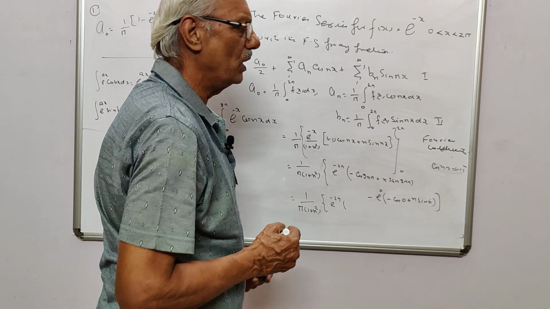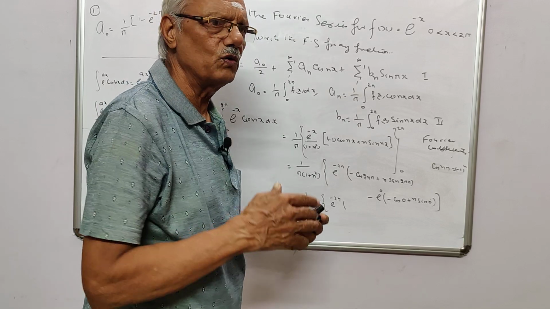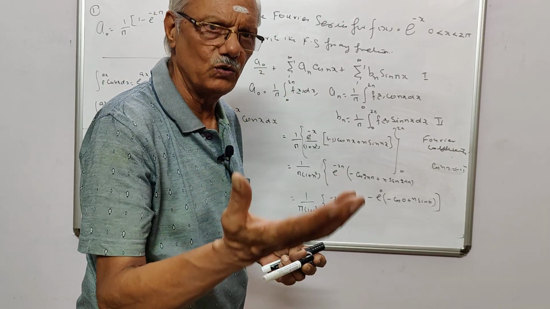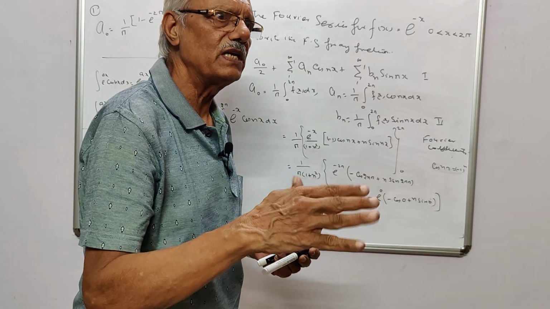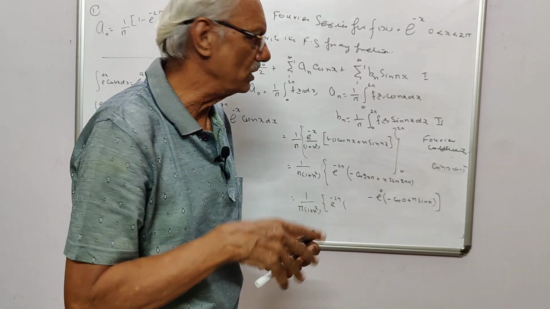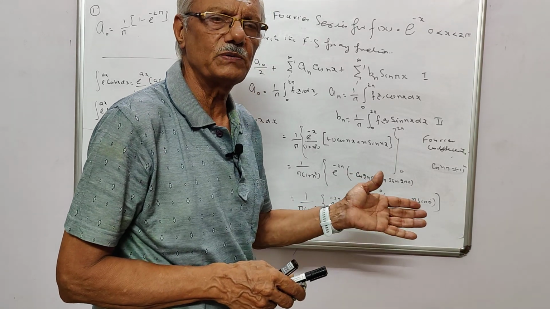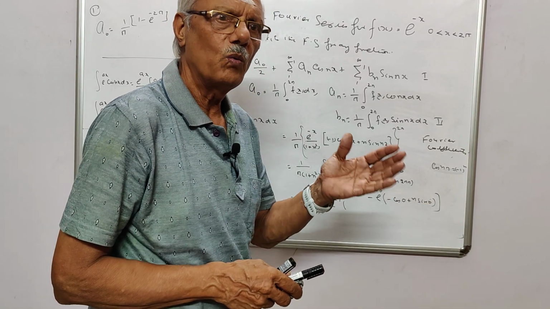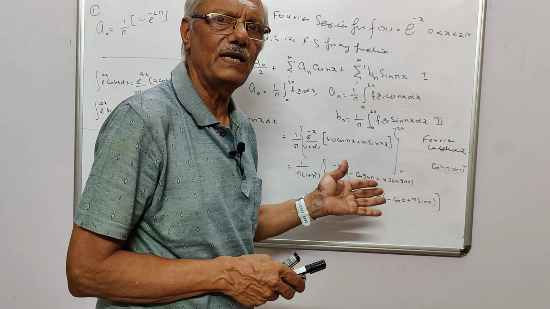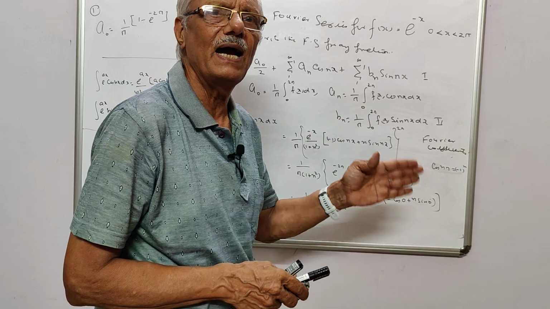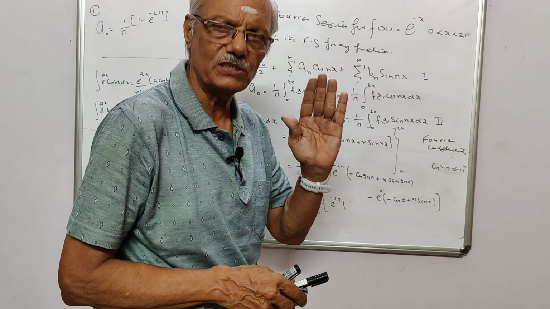Give n equal to 1, it is minus 1. Give n equal to 2, it is plus 1. For odd values it takes minus 1, for even values it takes plus 1. So cos 2n pi, for n equal to 1, 2, 3, whatever value you assign, is an even multiple, so it remains plus 1 only.